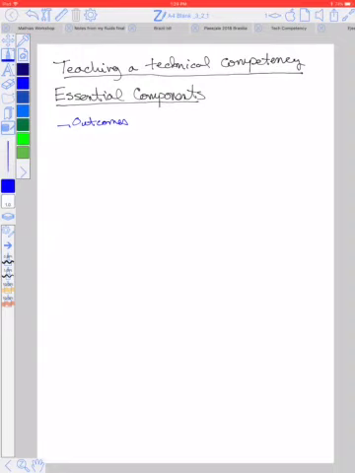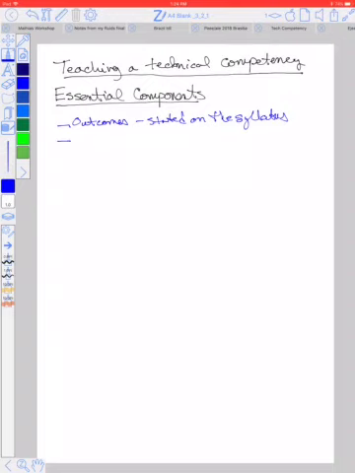Outcomes should be stated on the syllabus. And it is a best practice to review the outcomes and restate them with the students throughout the duration of the competency.